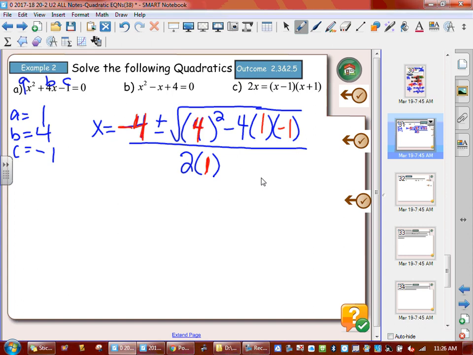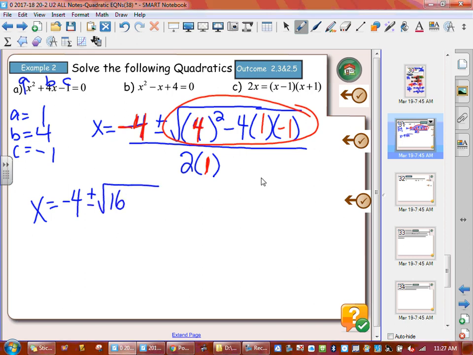So again, BEDMAS is important. We've got to solve under this root sign first. So we're going to have x equals negative 4 plus and minus 16. 4 squared is 16. Now we have to take negative 4 times negative 1. What do we get? Negative times a negative?